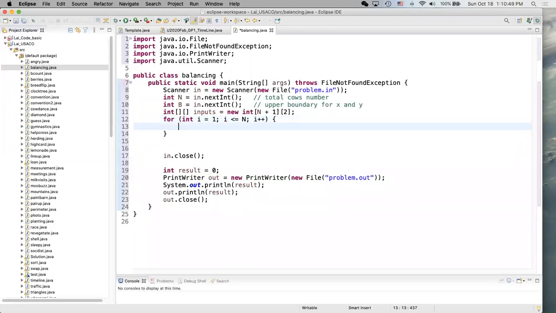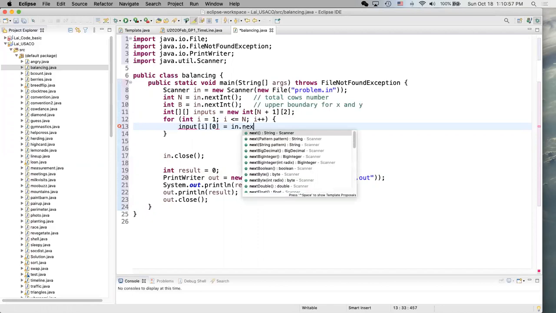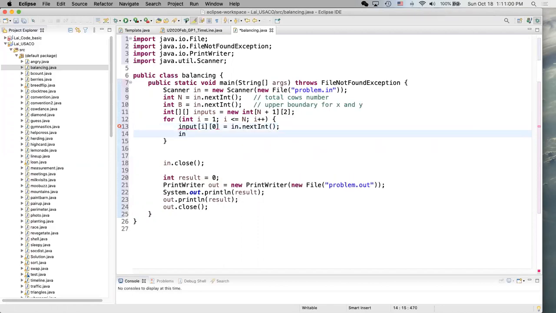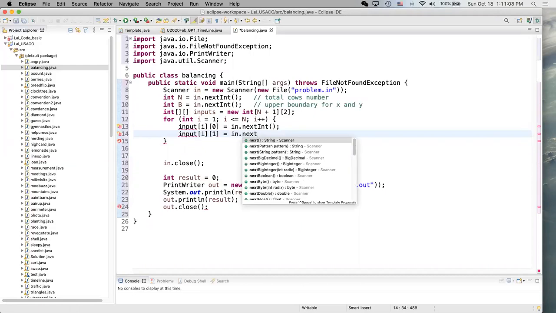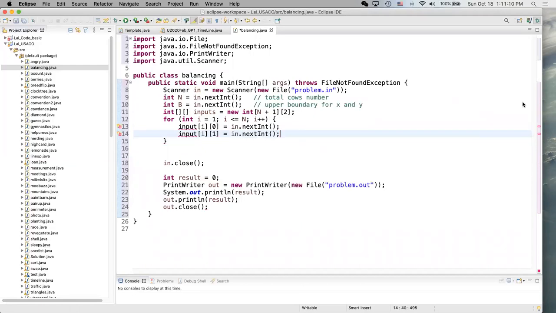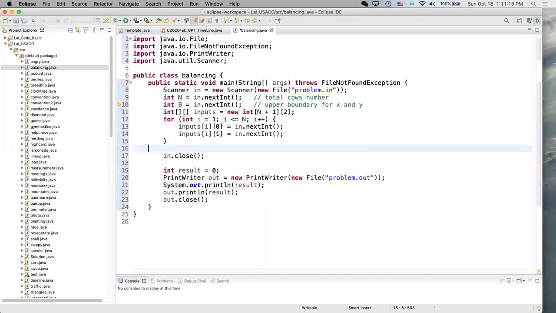For each cow, you record x and y. After that, you can close the input file.